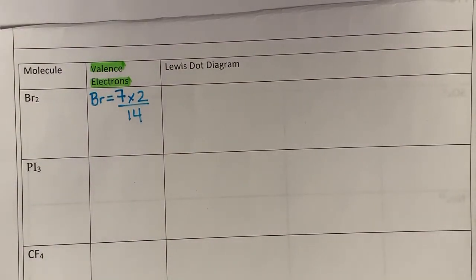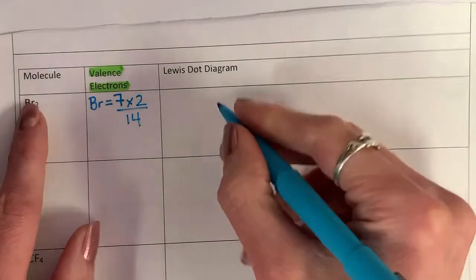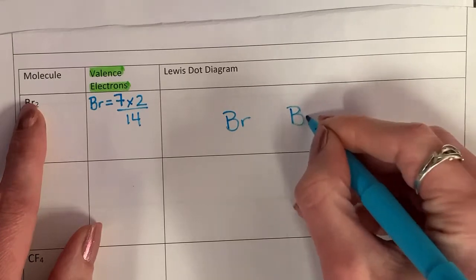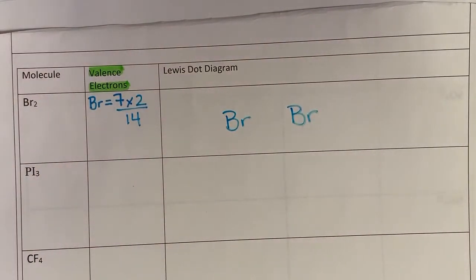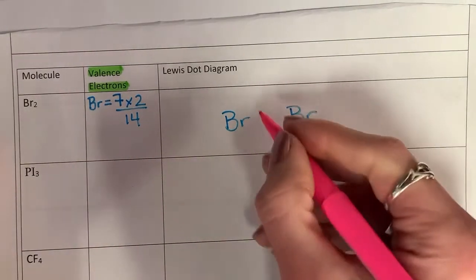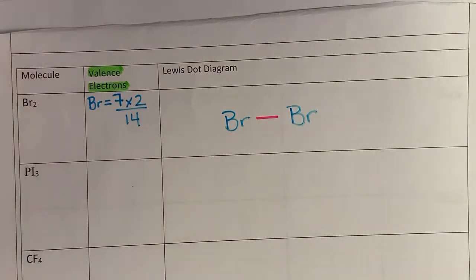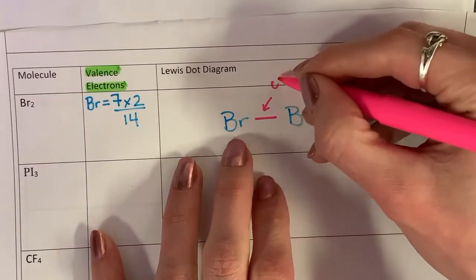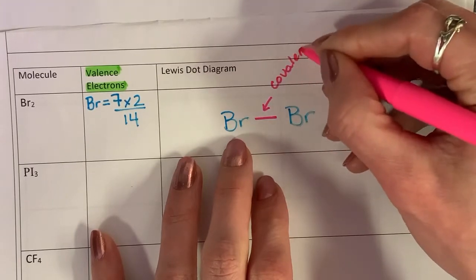Now, when I draw the picture, I'm going to draw Br twice because it's Br2. And then I'm going to connect those 2 Brs with a single line. This single line is a covalent bond.